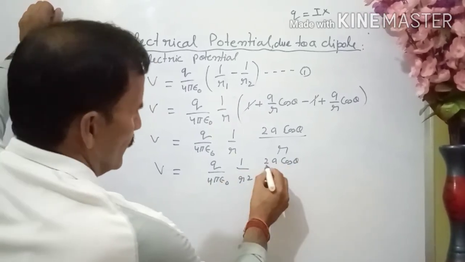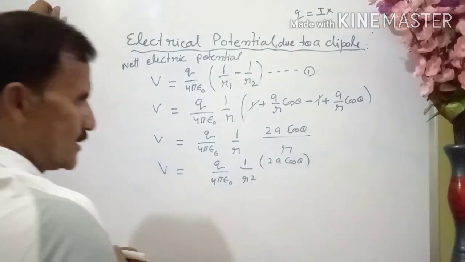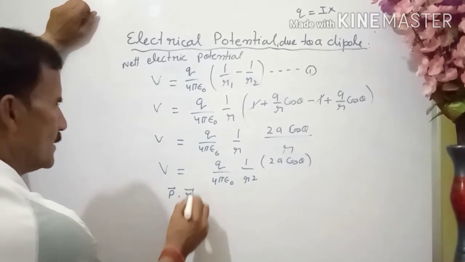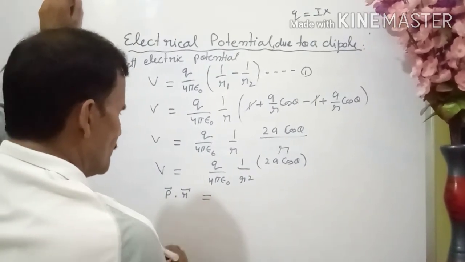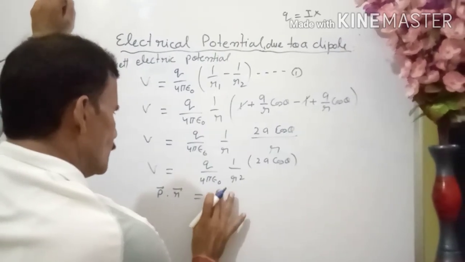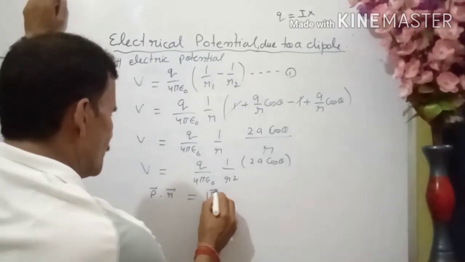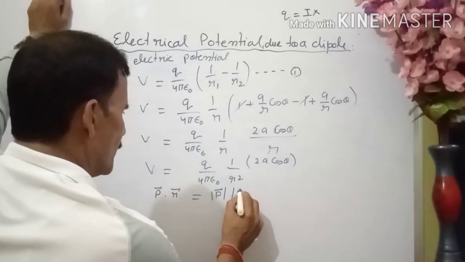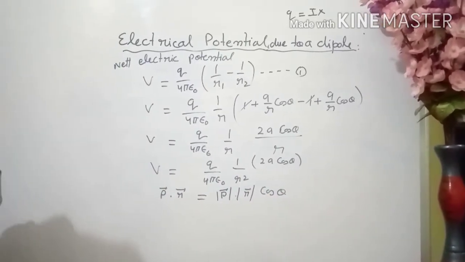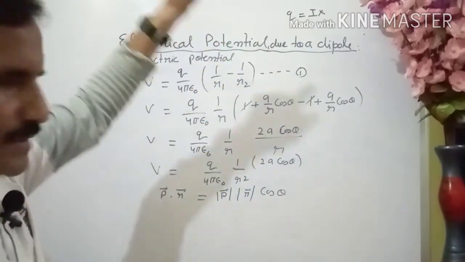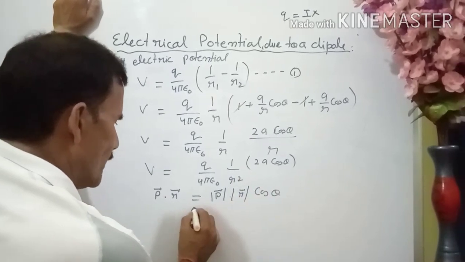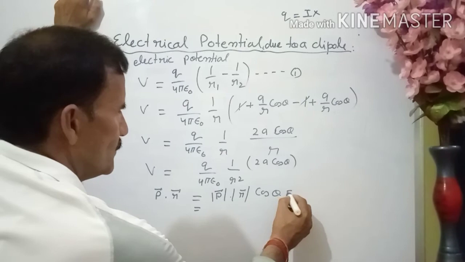What is 2a cos theta? Let us try to understand. Suppose you are taking P dot R, then what will you get? It is nothing but the magnitude of P into the magnitude of R into cos theta. The angle will be theta, since P is always directed axially. Now put the value: what is the value of P?